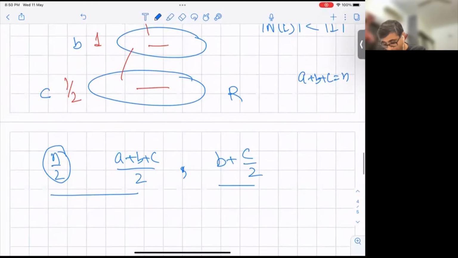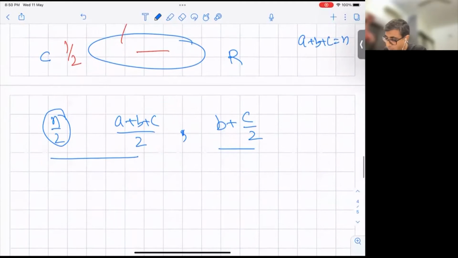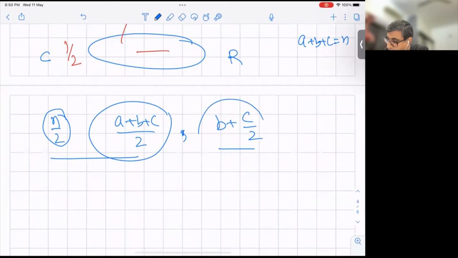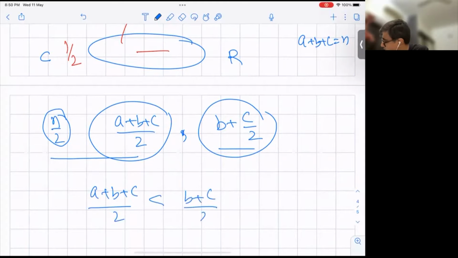Okay. Now let's compare them. How does A plus B plus C by 2 compare to B plus C by 2? If A plus B plus C by 2 was an optimum solution, and this is just any solution, it implies that A plus B plus C by 2 is less than or equal to B plus C by 2.